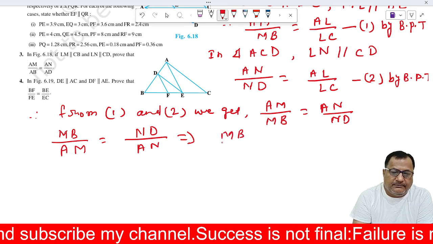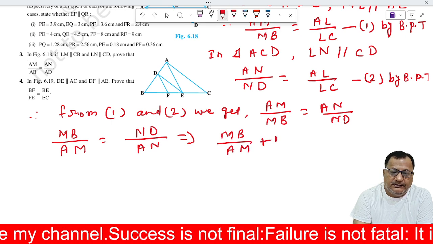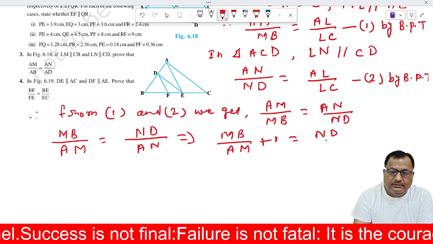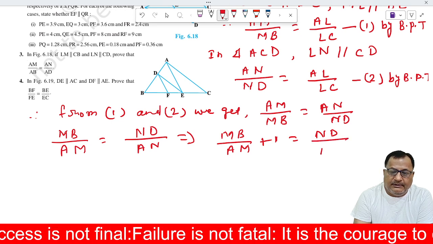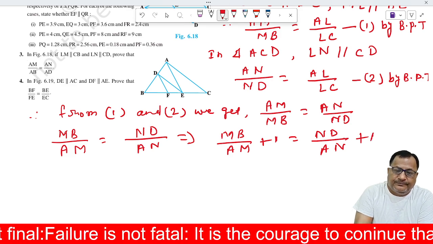MB by AM plus 1 is equal to ND divided by AN plus 1.